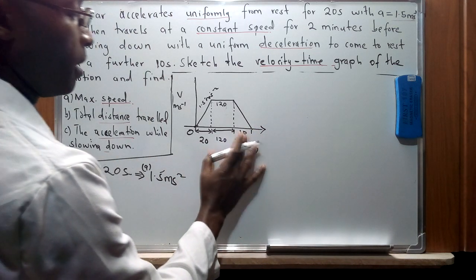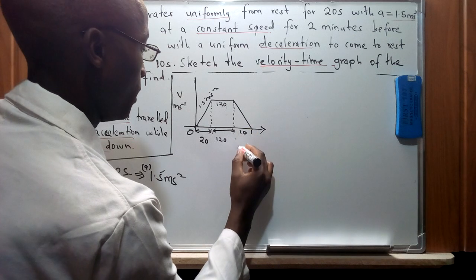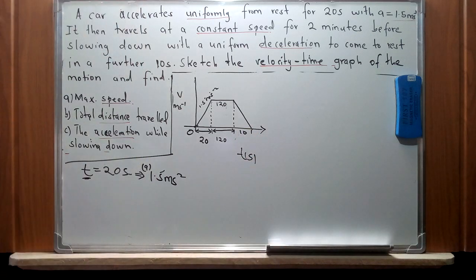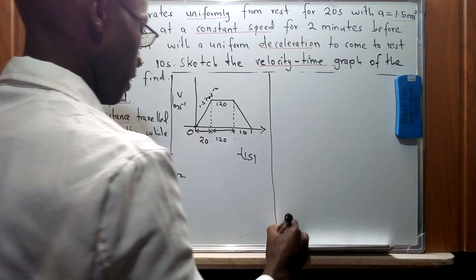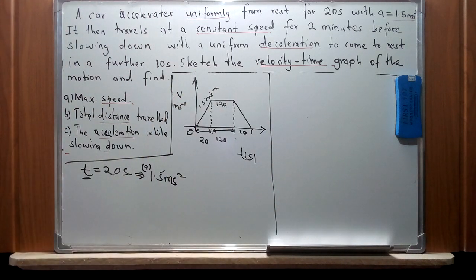Our graph might not represent the proportion, but we are just going to indicate that. So this is time in seconds. Slowing down with a uniform deceleration to come to rest in a further 10 seconds. Sketch the velocity time graph of the motion and find the maximum speed. So we have just sketched a graph that represents the motion of that particular car.